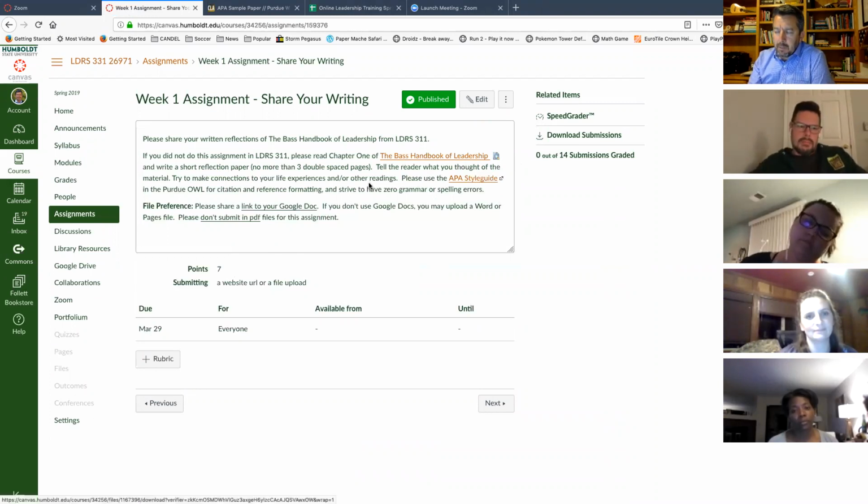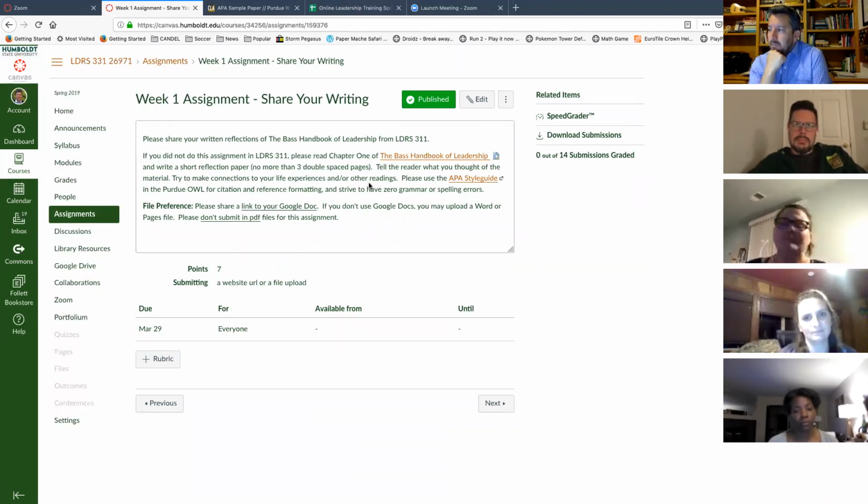But this brings up another point I have to think about here. If you did not want to write on the Bass leadership book and you wanted to pull in something from another reading in 311, in other words, if you already had a paper from 311 that you felt pretty good about, really what I want is a good piece of writing here.